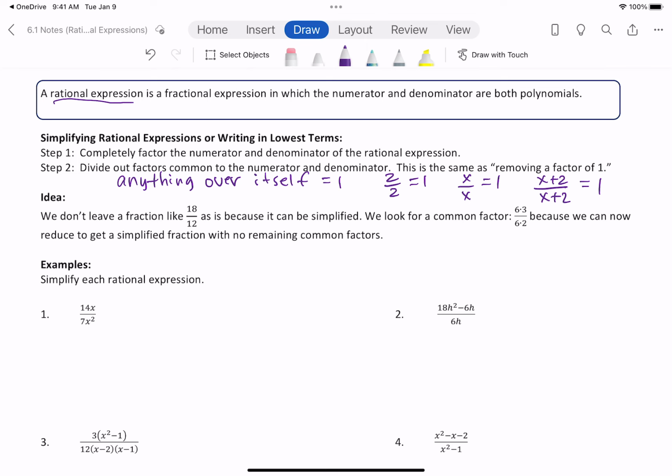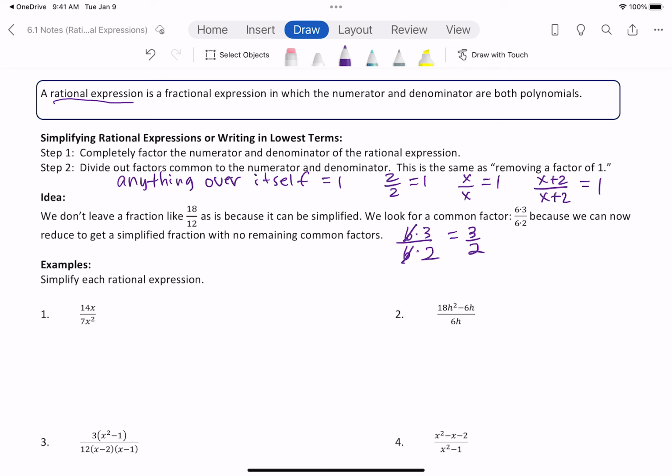So we could write 18 as 6 times 3 and 12 as 6 times 2. And then you see we have a common factor between the numerator and denominator of 6. So we can cancel those two 6's because 6 over 6 makes 1. And that leaves me with 3 over 2.